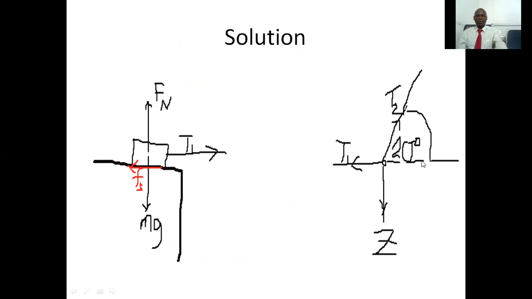And if you resolve T2 into components, this side which is adjacent would be T2 cos 20.